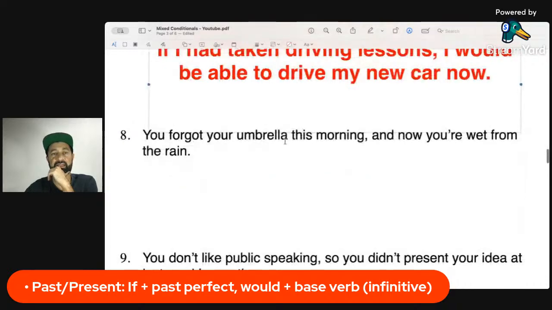Okay, number 8. You forgot your umbrella this morning and now you're wet from the rain.